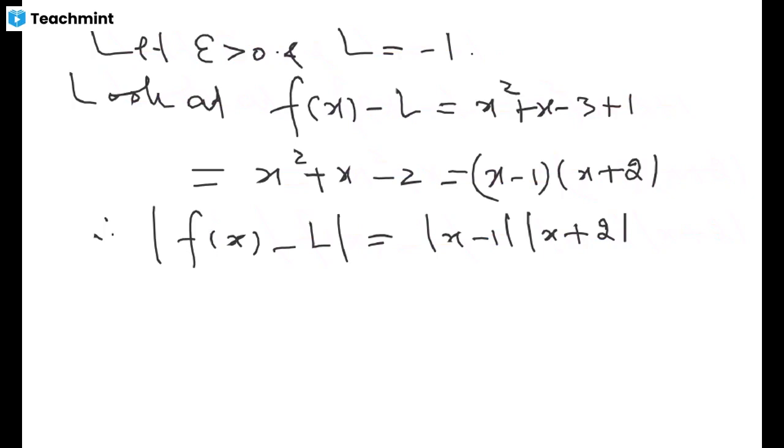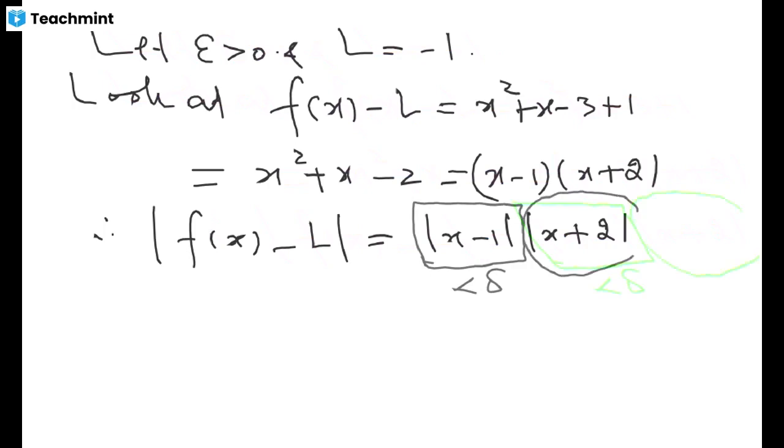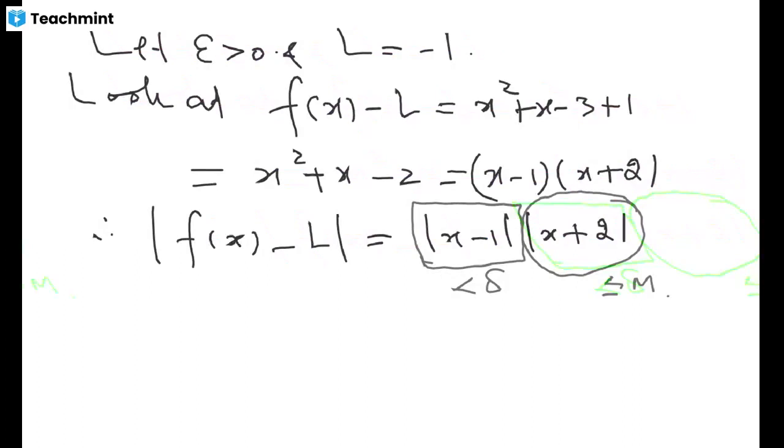We have to take this part, x minus 1, to be less than delta. And then there is this extra part that I'm putting in this circle. We want to choose delta in such a way that the absolute value of x minus 1 becomes less than delta, and at the same time the absolute value of x plus 2 remains bounded by some quantity M.